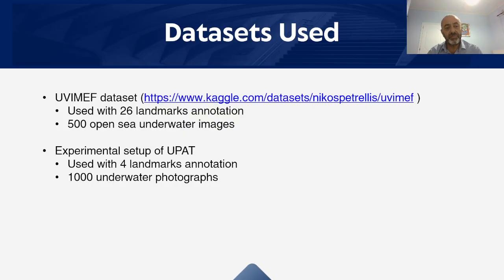There, we used 500 OpenSea underwater images from this dataset, and we annotated 26 landmarks as shown earlier, while we used 1000 underwater photographs in order to train models with only 4 landmarks. The images were taken by the experimental setup of the University of Patras, our colleagues in the project.